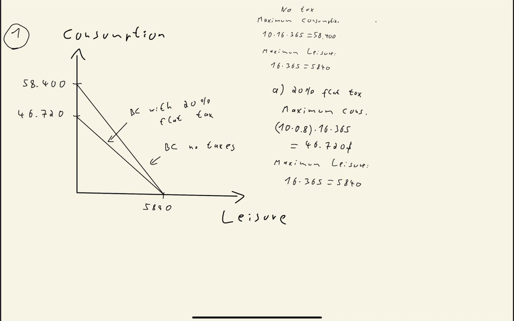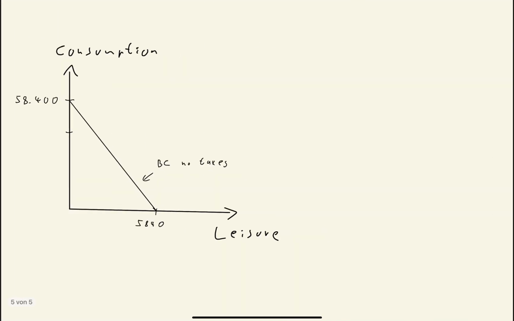The slope did not change, because either we had no tax or we had a flat tax, which basically means that independent of how much money you're earning or how many working hours you choose, you will always pay the same rate of taxes. This changes in sub exercise B because we now have two segments for the budget constraint. One where we do not pay any taxes at all, and one where we have to pay a tax rate of 25%. And this applies on all income over 10,000.